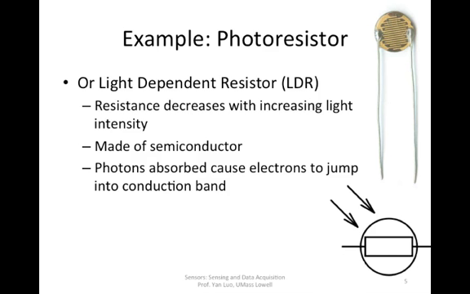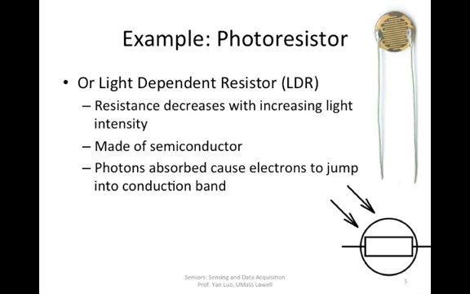Photoresistor is a typical example of sensor. Photoresistor is also called light-dependent resistor, or LDR. It has a very special property. Its resistance decreases with increasing light intensity.